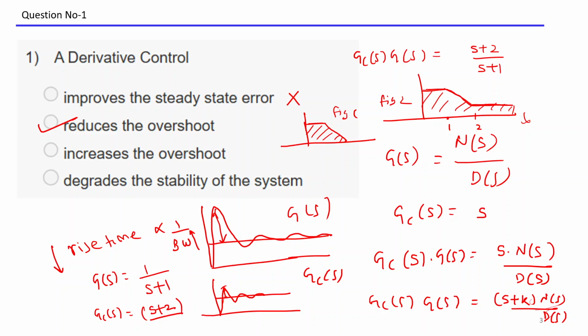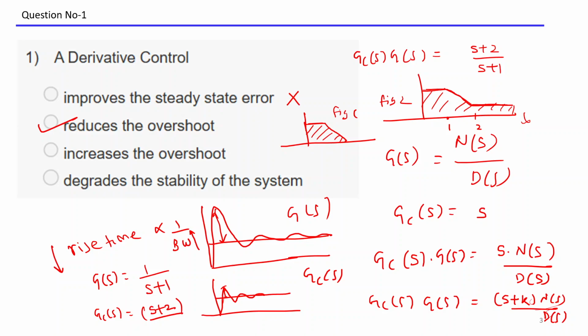I have one doubt, sir. If it is a second order system, and a proportional plus derivative filter is added, say 1 plus ks, and this filter is introduced in the second order system, what will be the value of k?